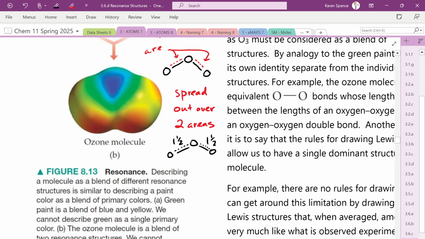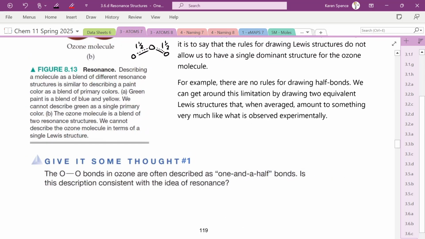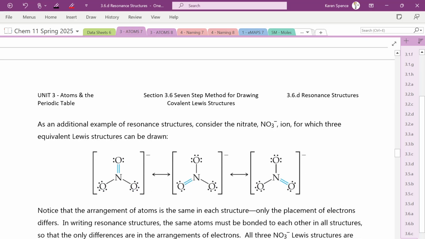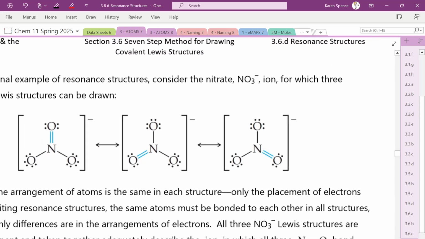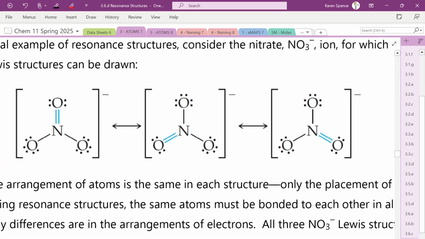Now, what if we had nitrate? Here's nitrate. This is now on page 120. Nitrate actually has 3 places where the double bond can go.